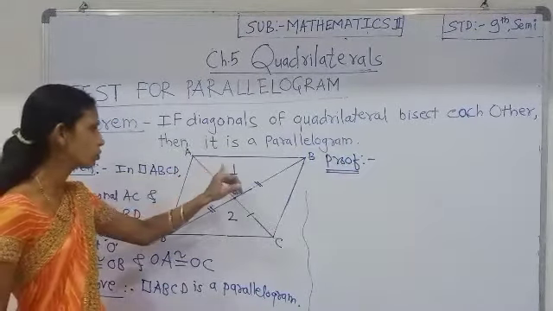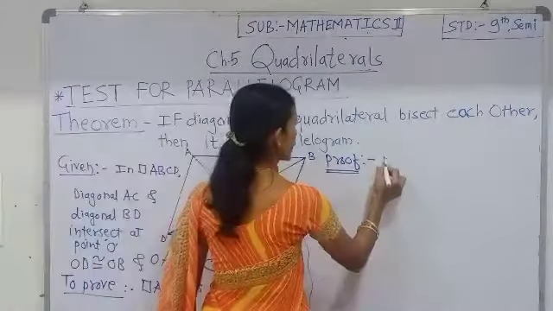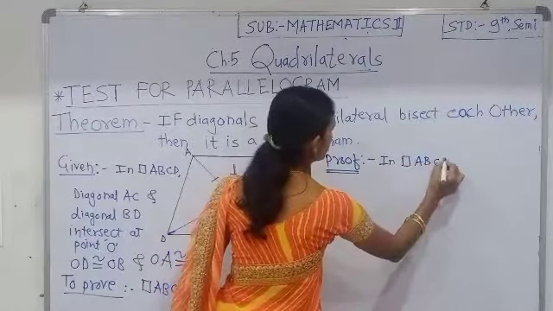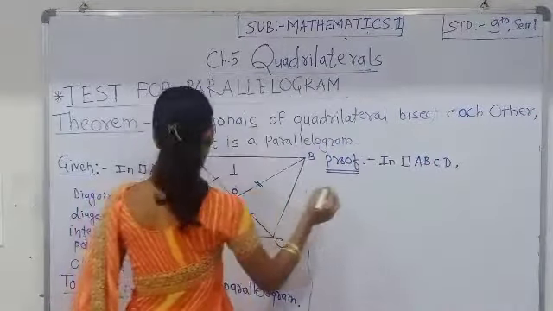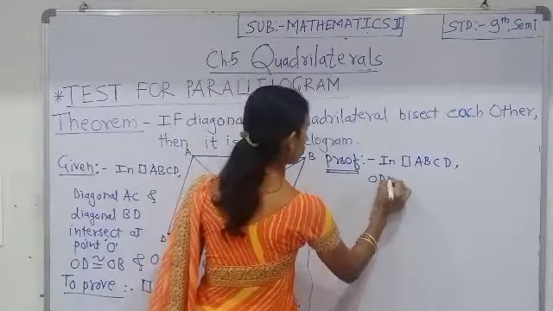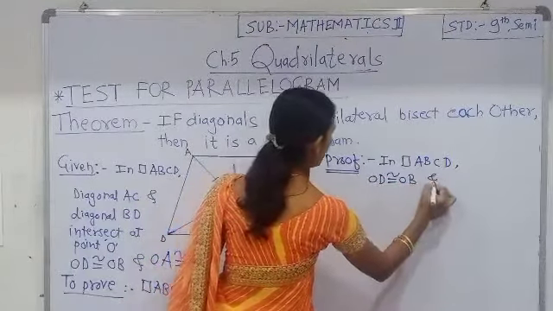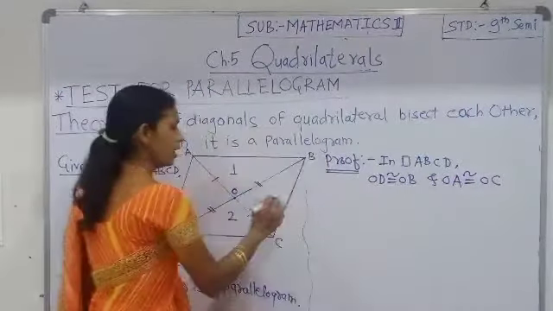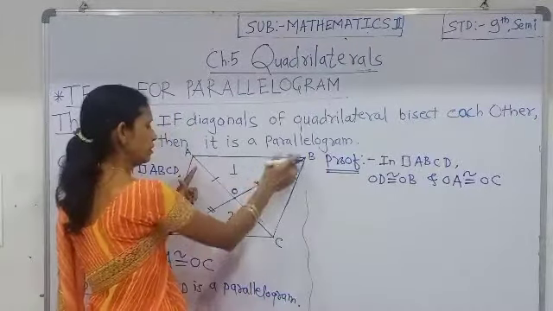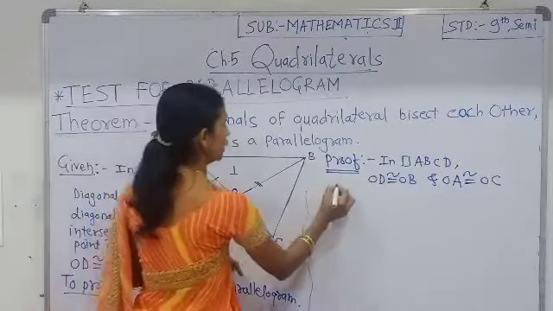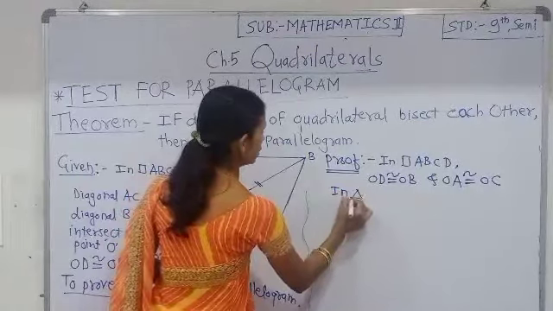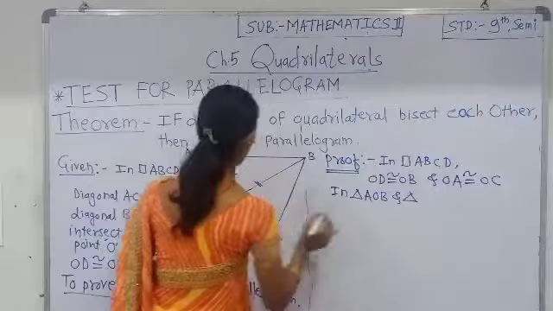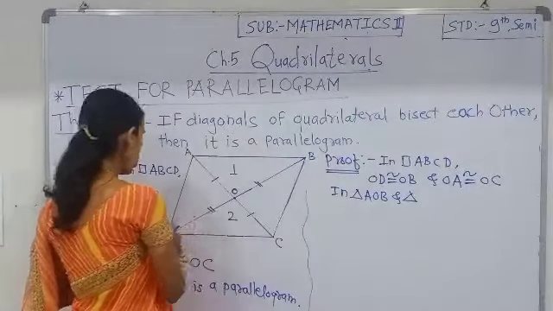In quadrilateral ABCD, OD is congruent to OB and OA is congruent to OC. Now consider triangle AOB and triangle COD.